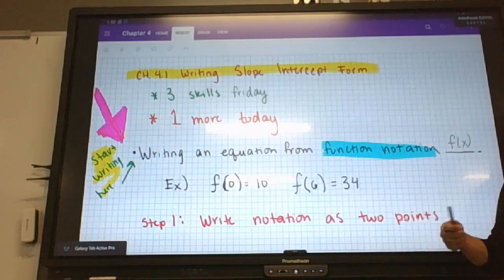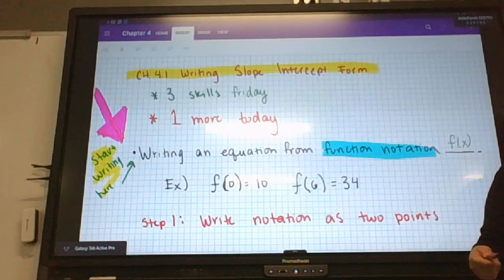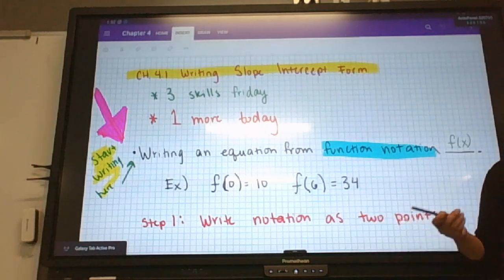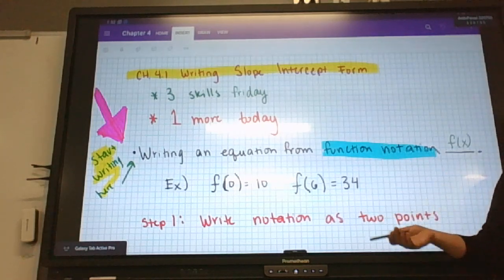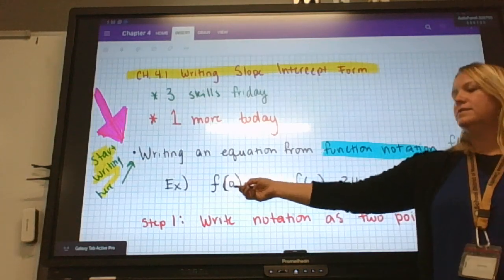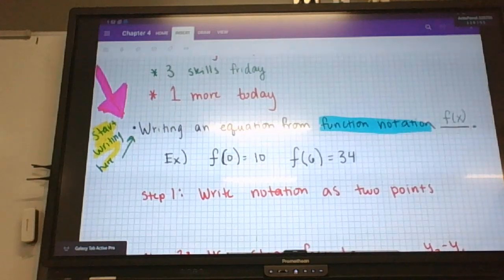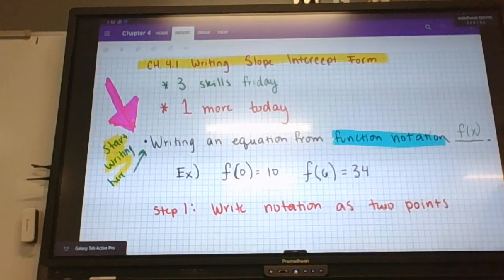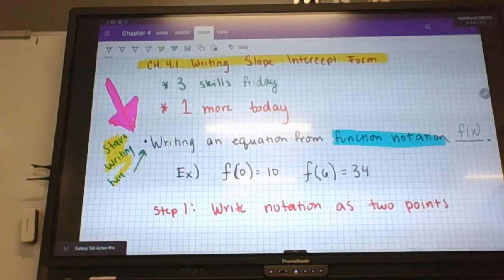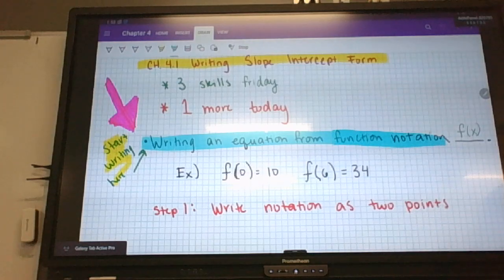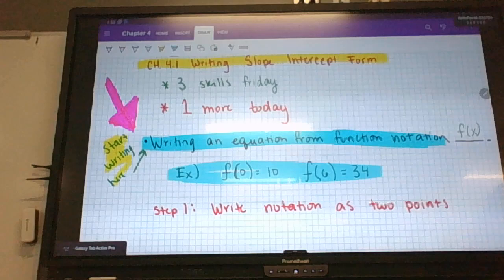And this is the kind of thing that if a teacher isn't telling you what these symbols mean, it's kind of difficult to guess. So I'm going to go ahead and tell you, these are just ordered pairs. I would write that in blue highlight. I would write everything in blue highlight.